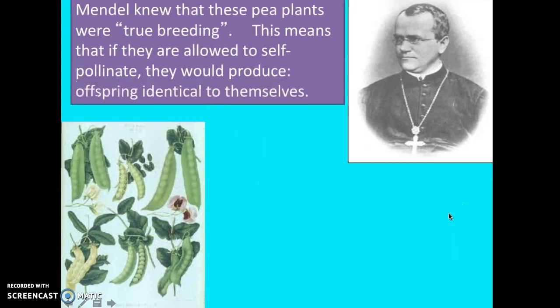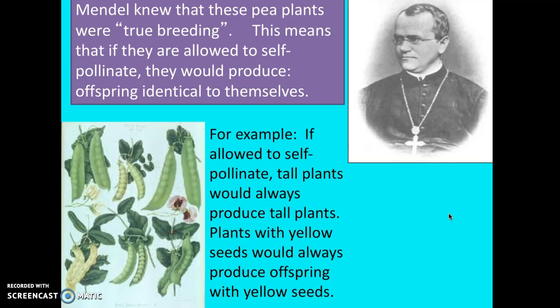So Mendel knew these pea plants that, remember, are just a single pistil from the same flower getting fertilized by the same stamen. Those are true breeding. What that means is that they're allowed to self-pollinate. They produce offspring identical to themselves. For example, if allowed to self-pollinate, all tall plants would produce tall plants.